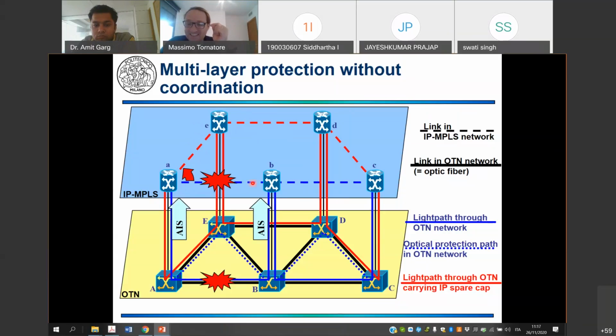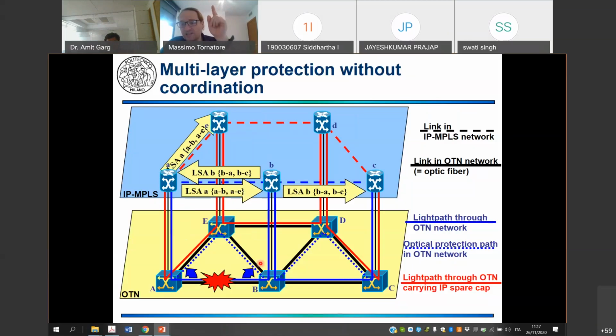But then, I know this is a bit tricky, if the physical layer protection kicks in, as you can see, then the flow goes on the backup path in the physical layer. I have to send again information that the problem has been solved.